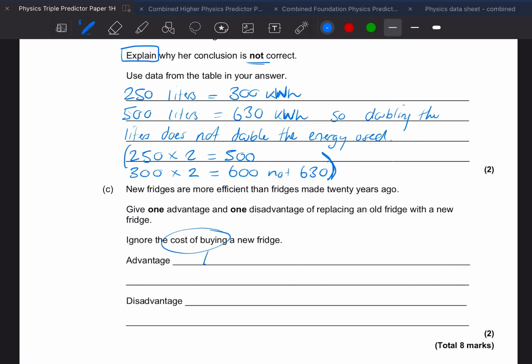So less energy is wasted, less input. So the cost to run will be lower.